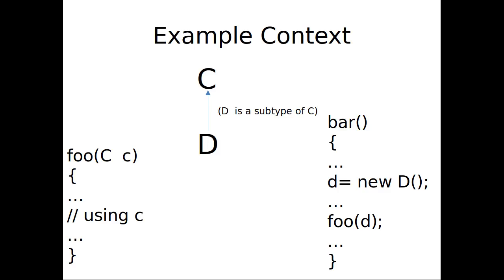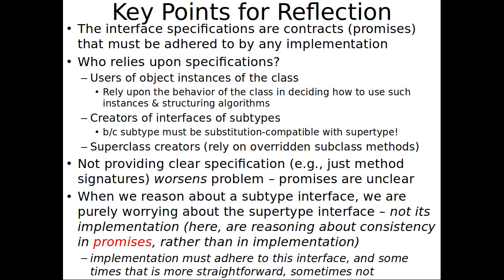What really benefits is if C has a clear specification of what you can assume and what you can't assume, and then people who use it can be clear about that. That helps people who are creating these subtypes. If you're creating a subtype and it's not clear what the supertype does, the situation is considerably worse, and you might even choose not to use it as a subtype. Okay.